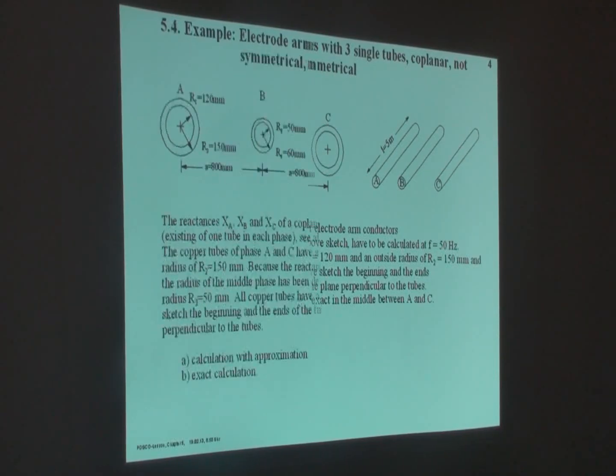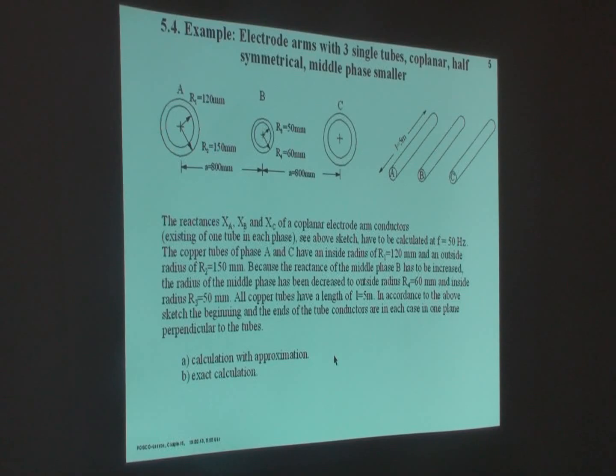So, that was the example. And now we have the next example. What is different in this example? We will compare with example 5.2, not with 3. 3 was a stupid construction.